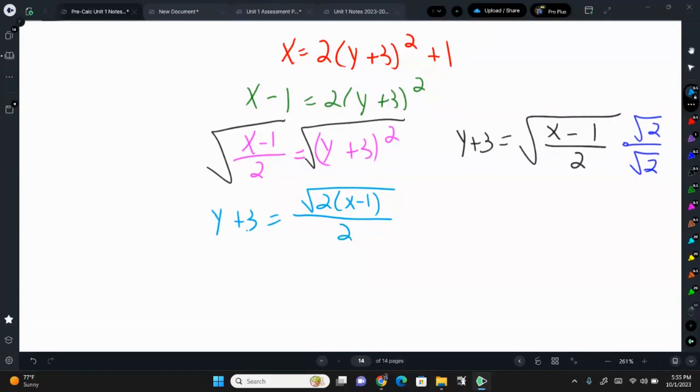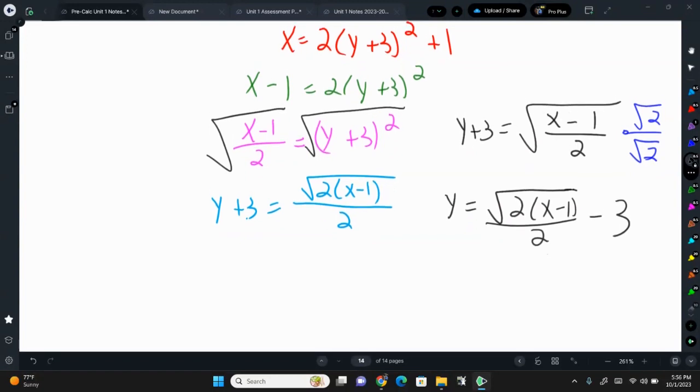And then when we subtract 3 from both sides, we need to make sure that we don't accidentally put that minus 3 underneath the square root. So yeah, that is an ugly looking inverse.